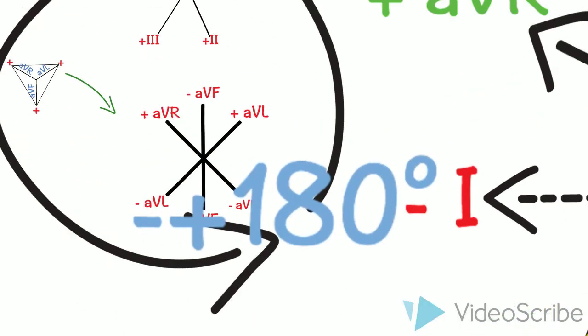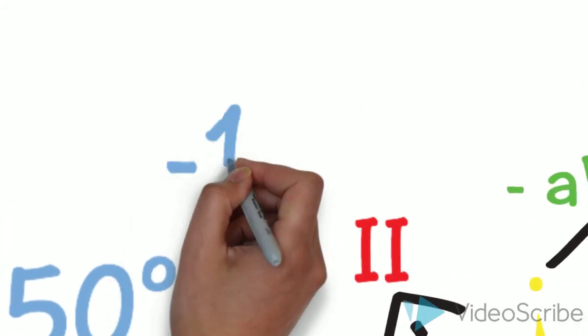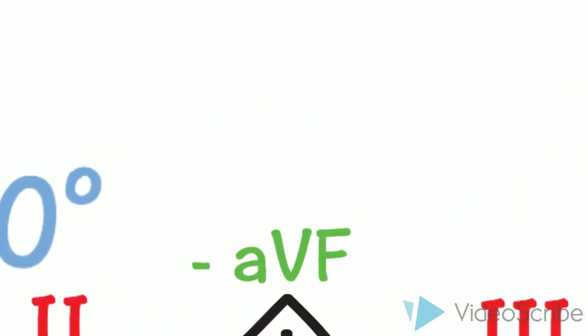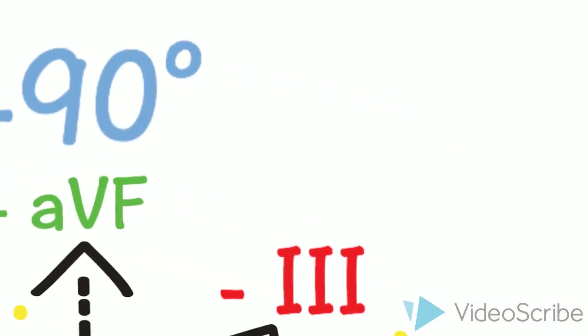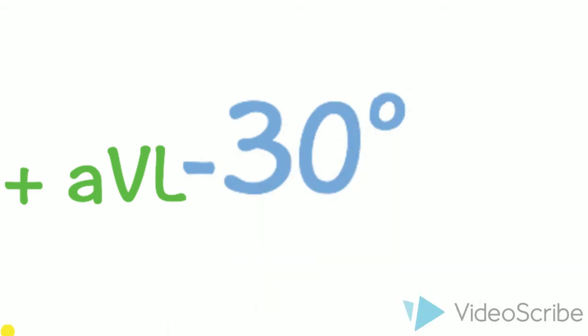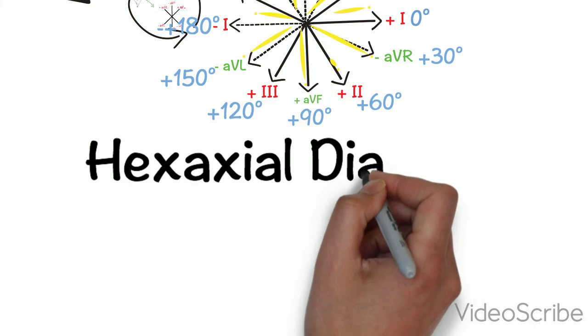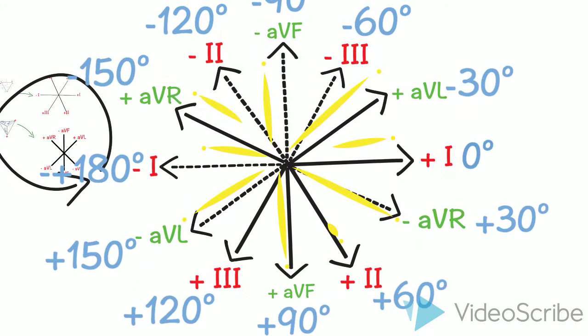Then starting with minus 150, minus 120, minus 90, minus 60, and minus 30. This diagram is important to find out the cardiac axis.